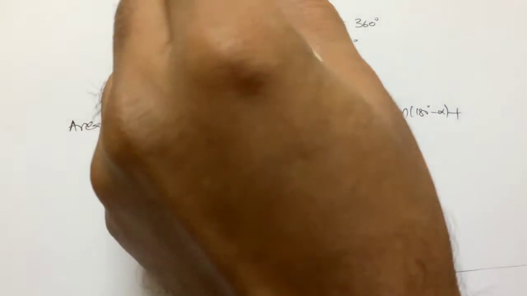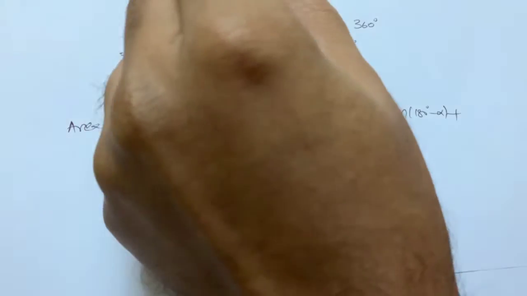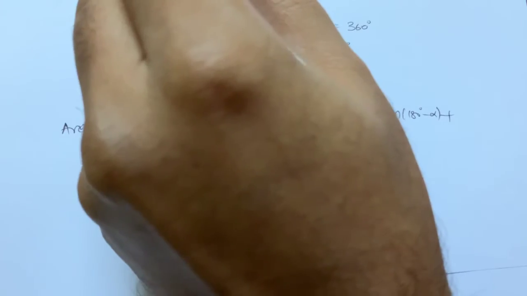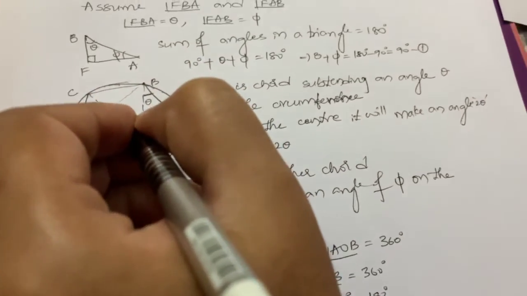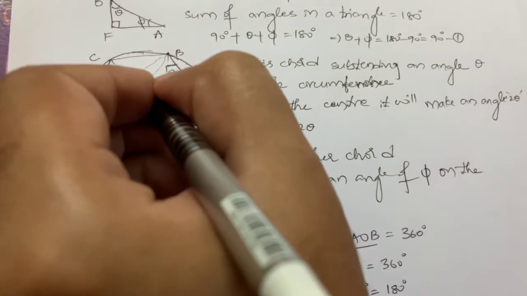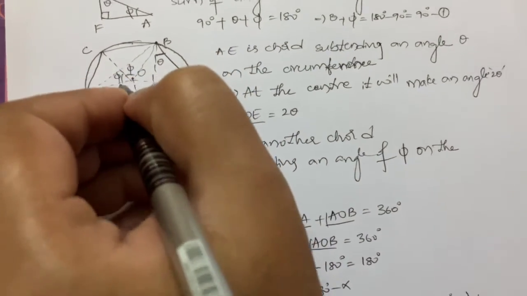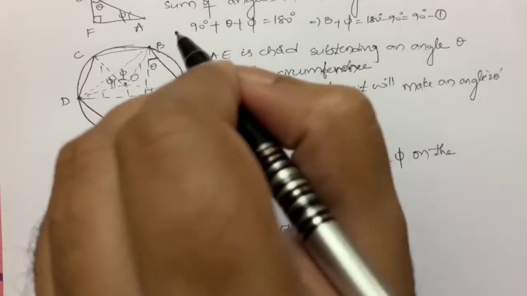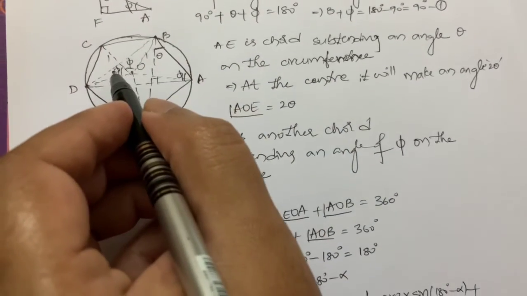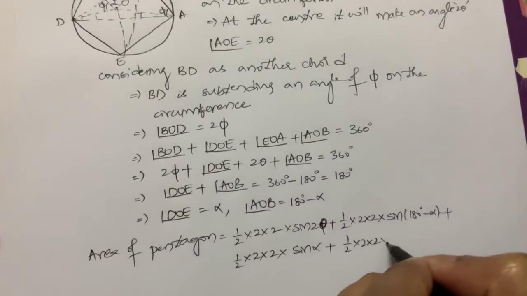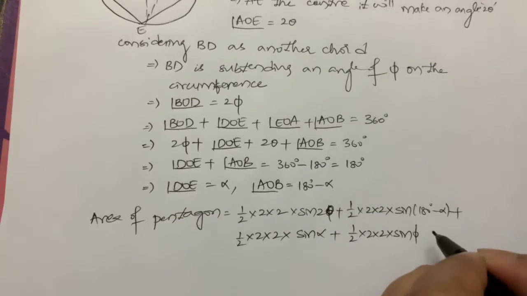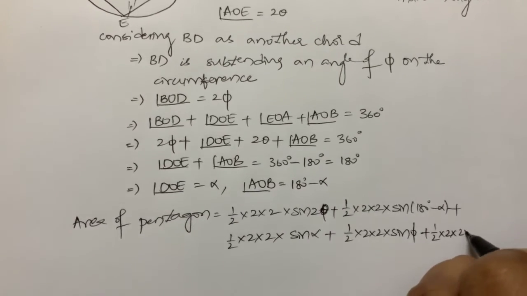For triangles DOC and COB, DOB is 2 phi, so COD and BOC make an angle of phi each. So this is half into 2 into 2 into sine phi plus half into 2 into 2 into sine phi.